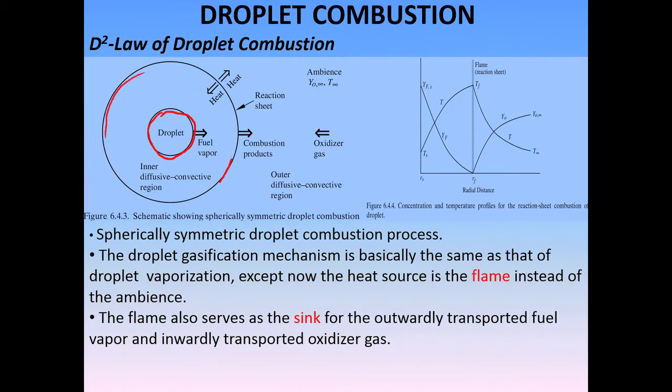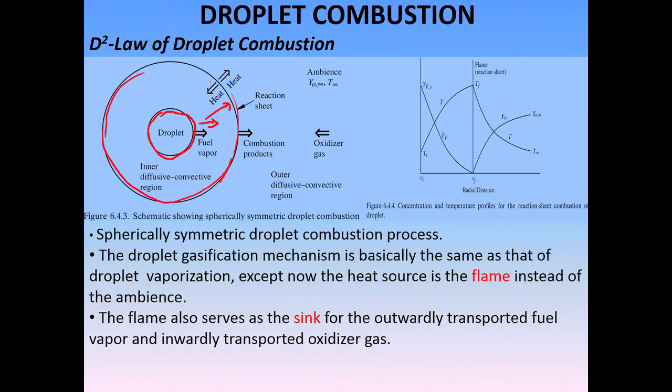There is evaporation of the fuel droplet. It can be any fuel, a single-component droplet, meaning one single component of fuel is present. This fuel vaporizes and diffuses to the flame surface, where the flame front is established.